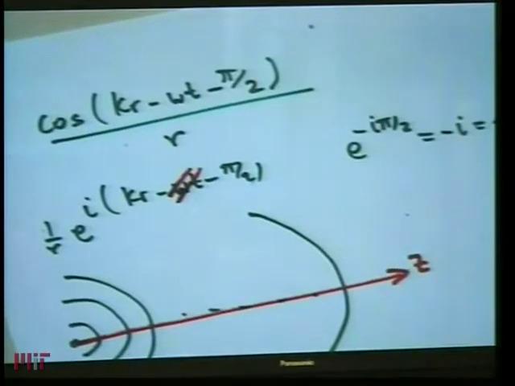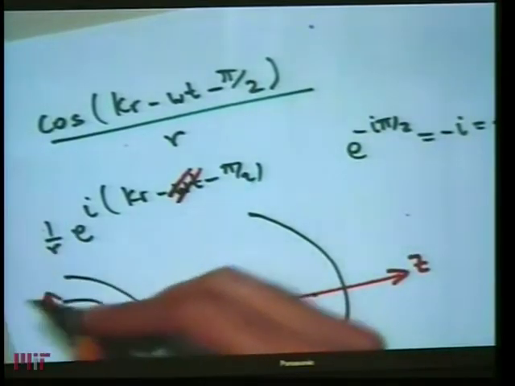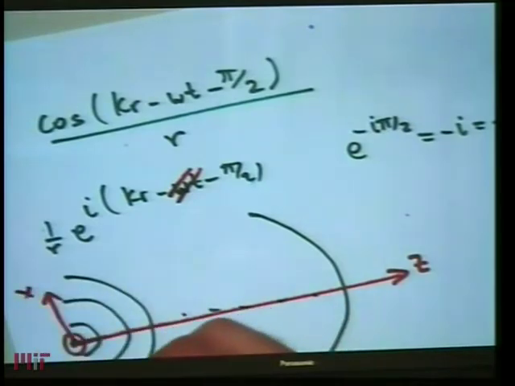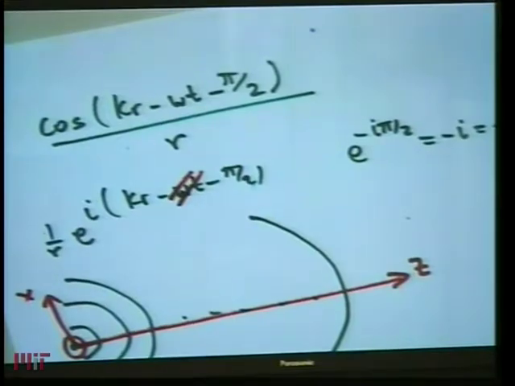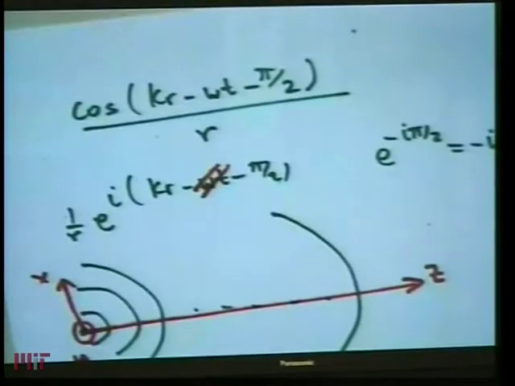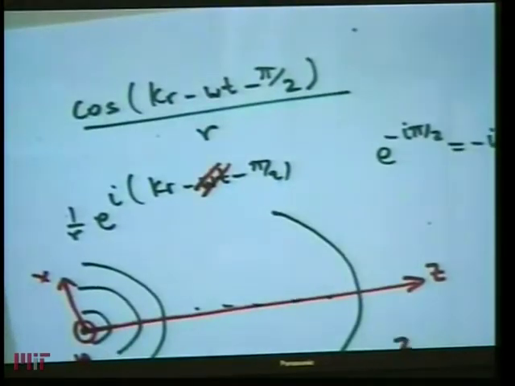So z is the axis of propagation, the optical axis, and then you have the other two axes perpendicular to it. Typically we will denote x as being vertical, okay? And is this now right-handed the way I did it? Yeah, right-handed, okay, good.